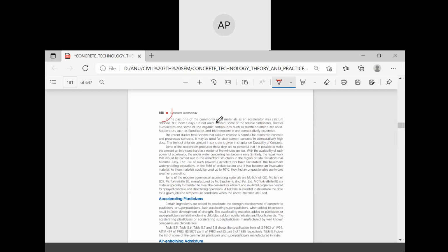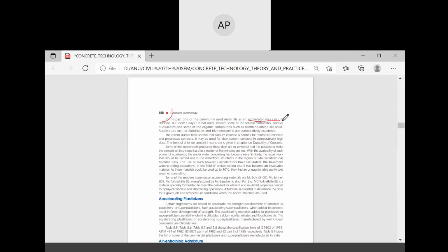In the past, the commonly used accelerating agent was calcium chloride, CaCl2. If you add calcium chloride to the concrete mixer, it works as an accelerating agent. What is the use of adding this accelerating agent?